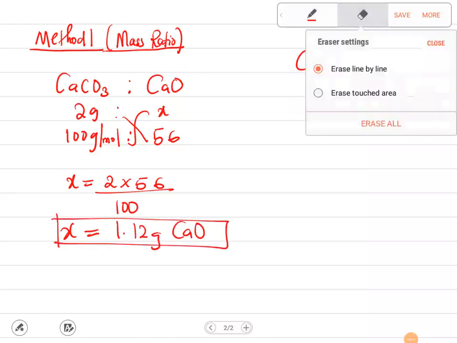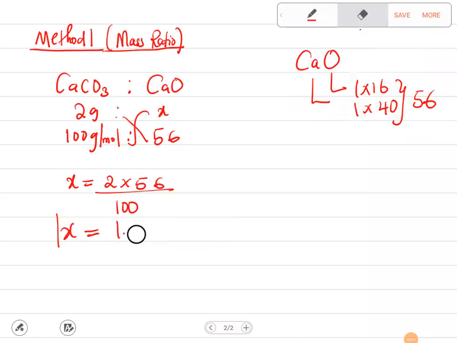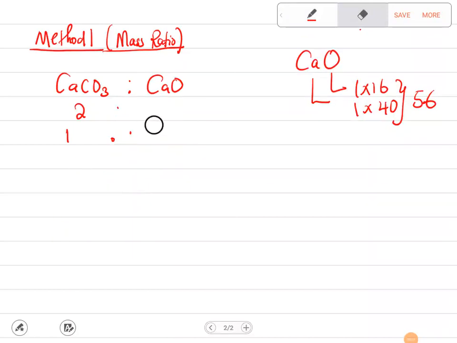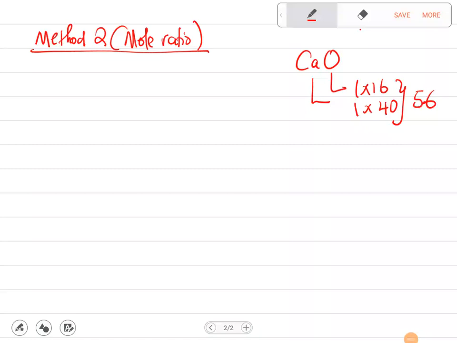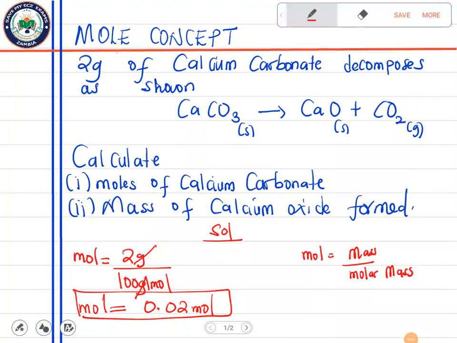Method 2 is what we call mole ratio. We are going to compare the moles of calcium carbonate to the moles of calcium oxide. In the equation, there is 1 here and there is 1 there.